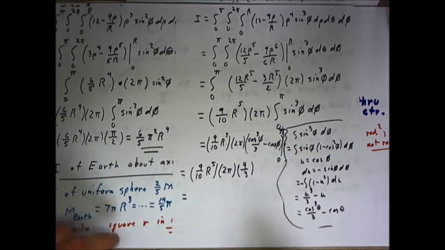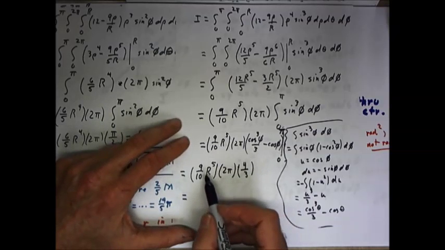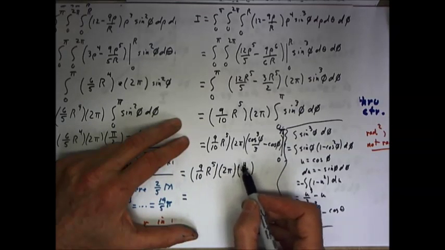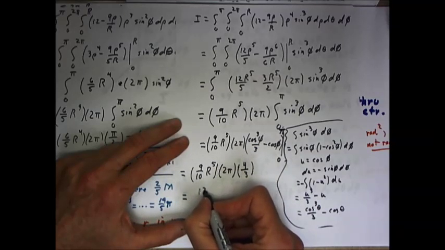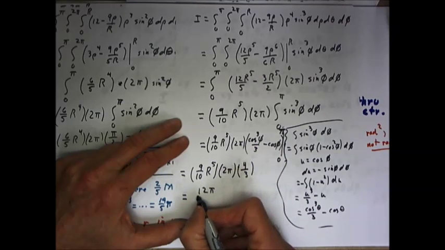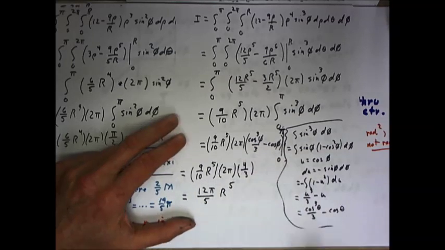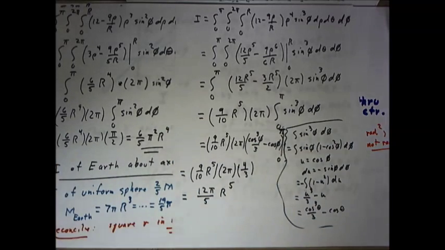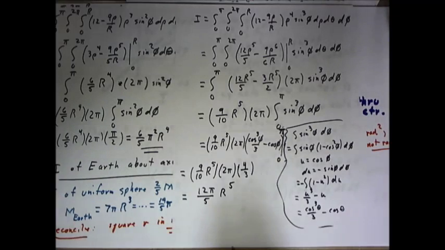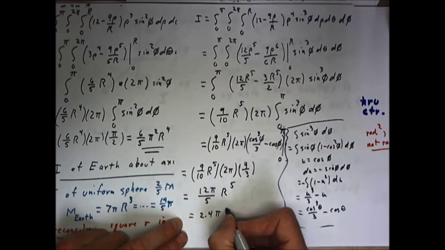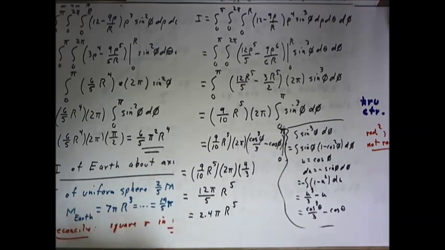It's going to be 3 times 4 is 12 pi over 5 r to the 5th, which equals 2.4 pi r to the 5th.